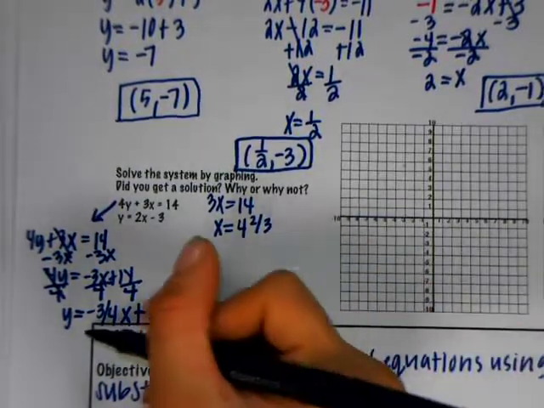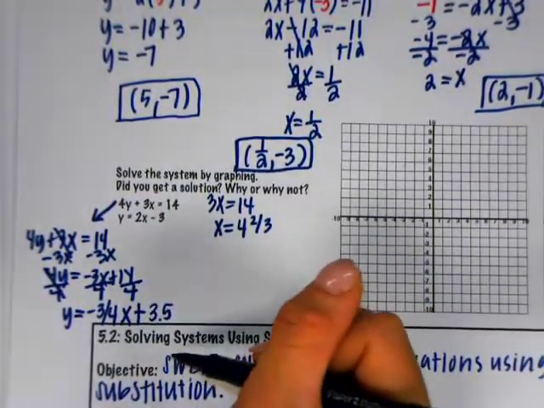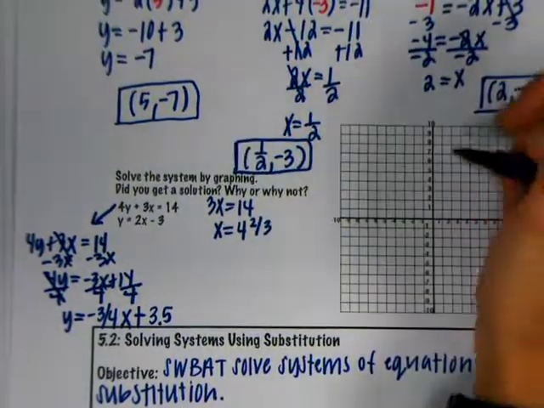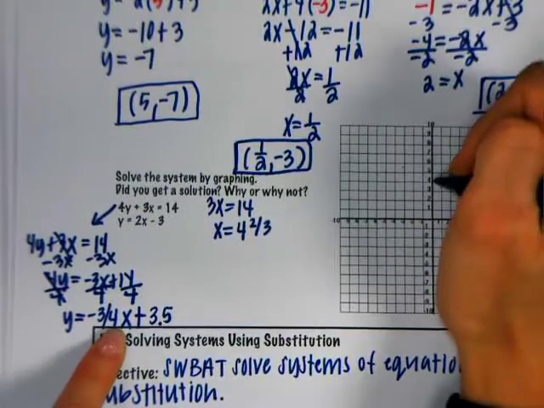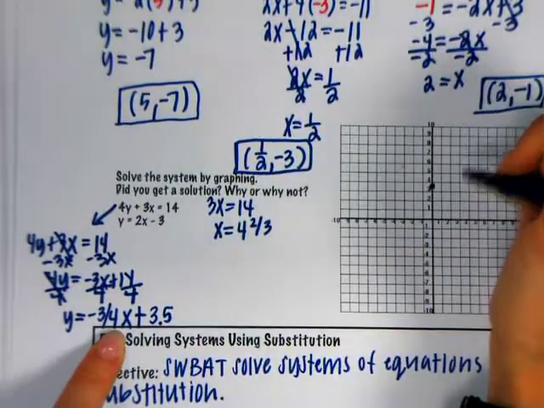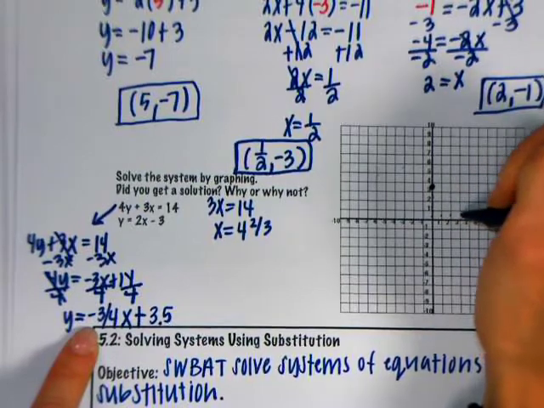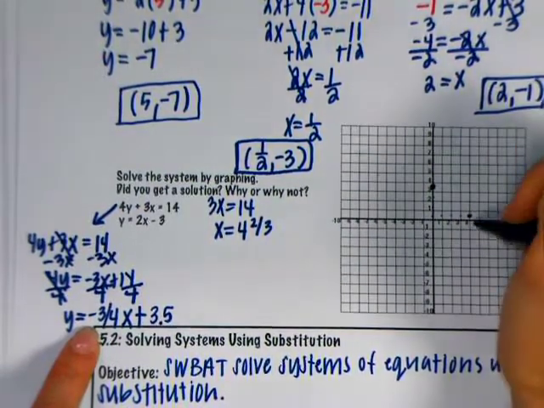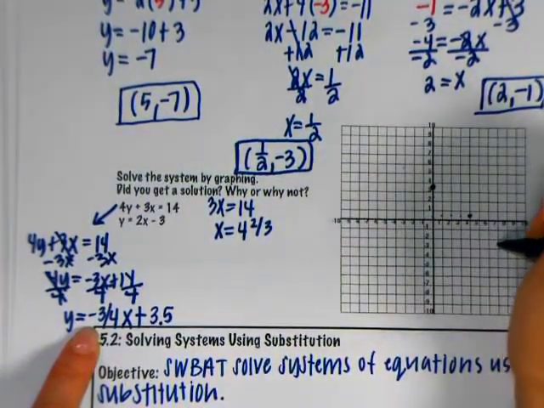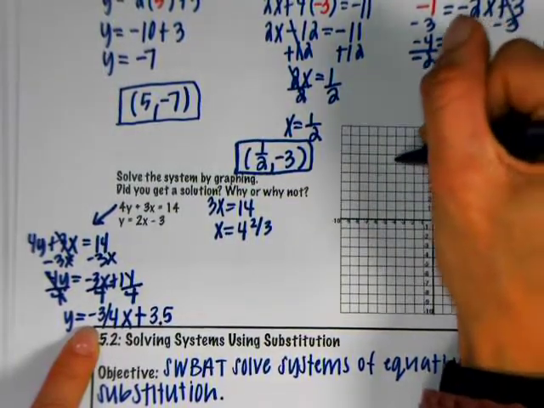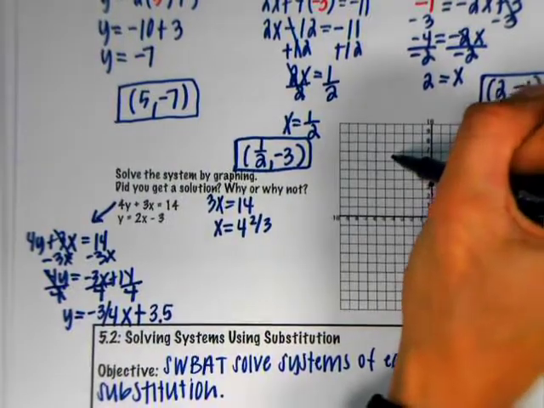So this seems like it's going to work out a little bit better. So I have to plot my y-intercept at 3.5, which kind of sucks. But that's okay. So 3.5 is halfway. And then down 3/4. Right there. Okay, so that's going to be this line.